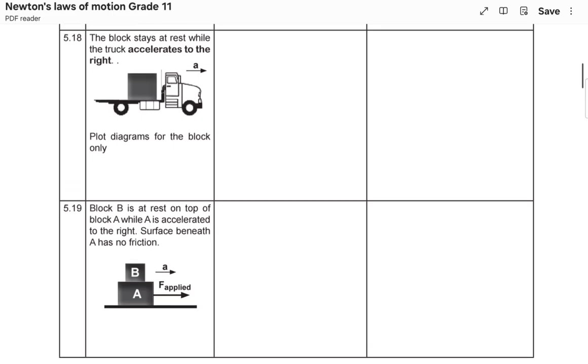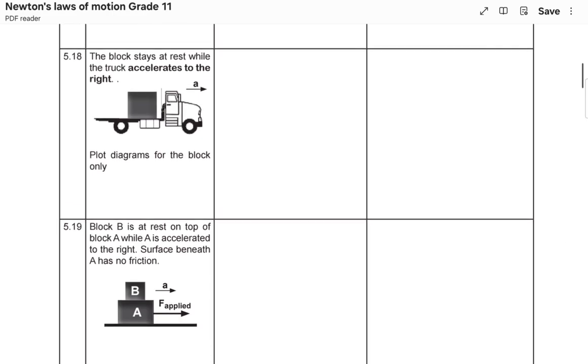Now, the block stays at rest while the truck accelerates to the right. Plot the diagram for the block only. So now we have a normal with the weight.